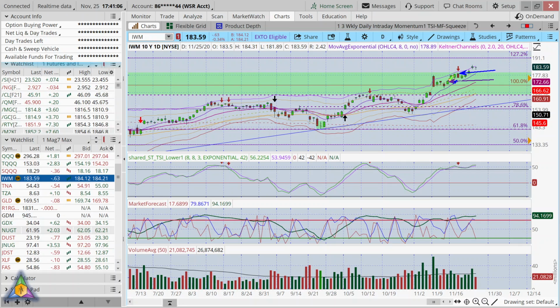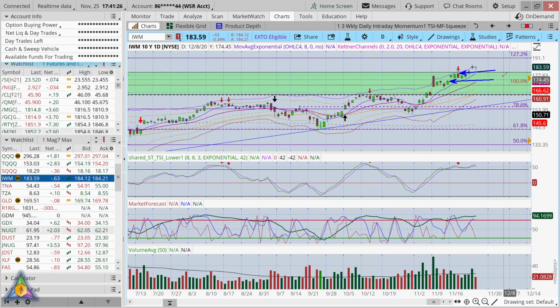As you notice, there's a nice level of buying that took place before. So what are the levels on those levels? One, this first level happens to be at 178.84. The second level down here is at about 173.63.